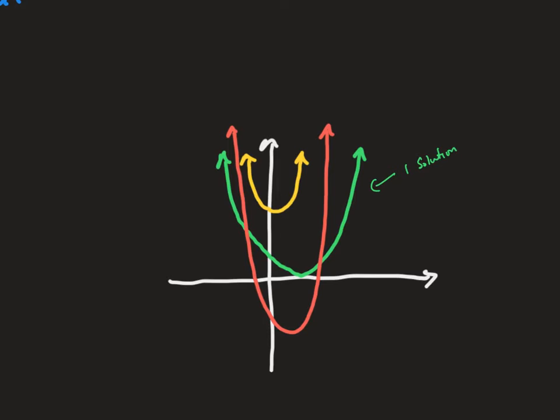The yellow graph doesn't touch at all, so it has no real solutions, but it does have two imaginaries. And my red equation has two real solutions, because it goes over the x-axis twice, here and here. Those are the kind of things you should be able to recognize from a graph.